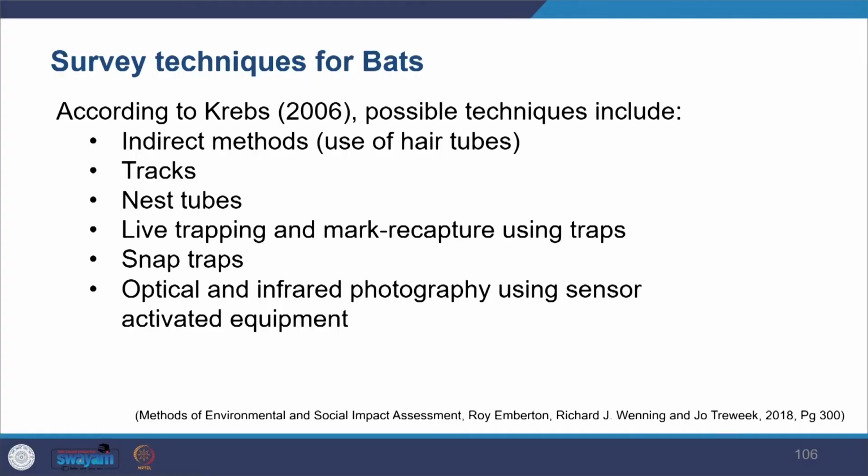There are certain more techniques which are given. There are indirect methods. You can find the list here, like hair tubes and so on. And then you can use tracks, nest tubes, live trapping, and snap traps. Then you can have optical and infrared photography using sensor activated equipment. That all you can use.